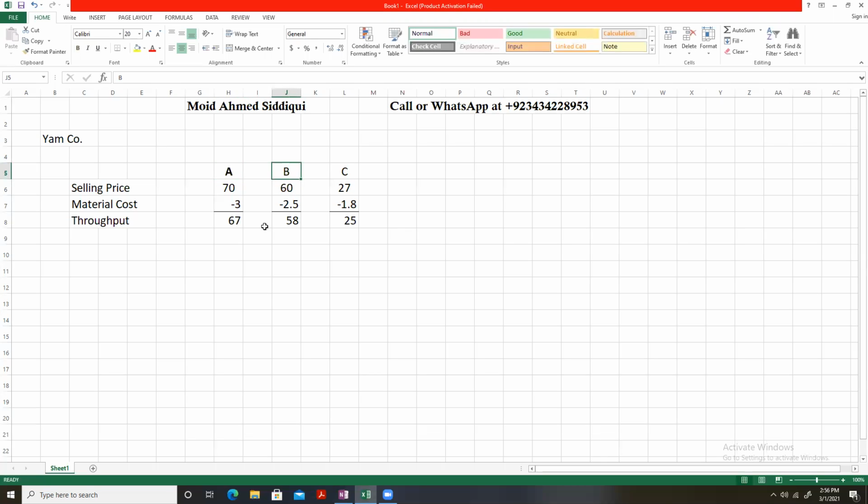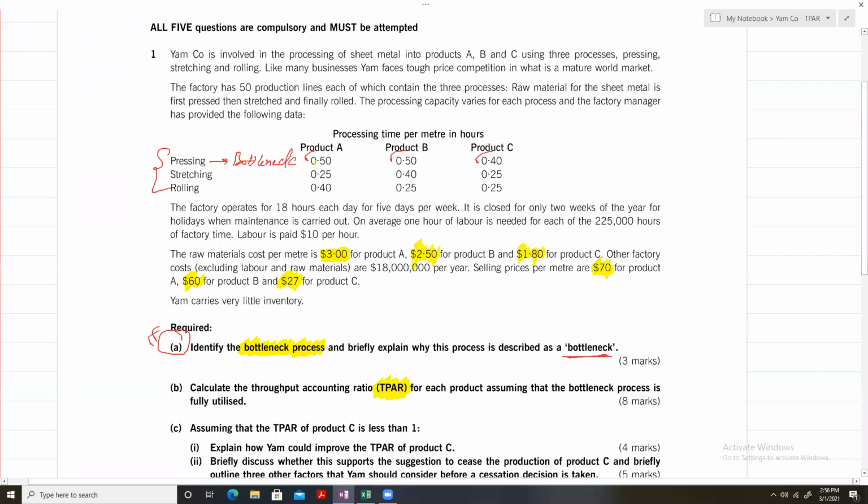As I said earlier, we need to calculate throughput per limiting factor. The limiting factor here is the pressing process, so we will divide by the hours in pressing. We will divide by how many hours it takes to process each meter of these three products.